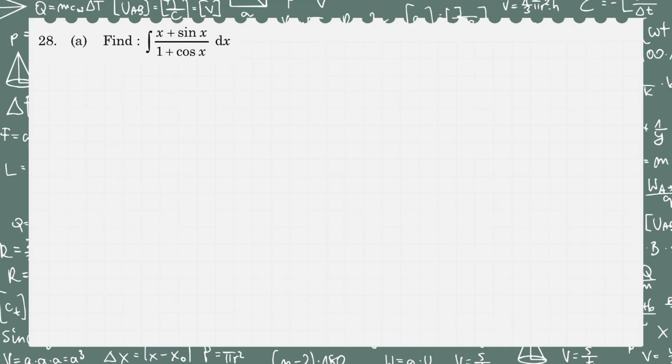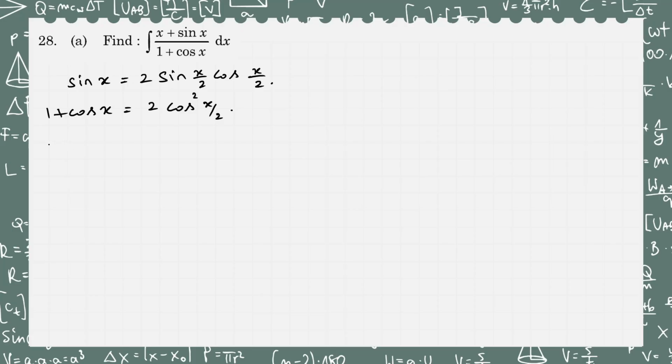Sum number 28a. Find the integral of (x plus sin x) by (1 plus cos x). Here we are going to use the half angle formulas for sin x and 1 plus cos x. And we know that sin x equals 2 sin x by 2 cos x by 2, and 1 plus cos x equals 2 cos square x by 2.